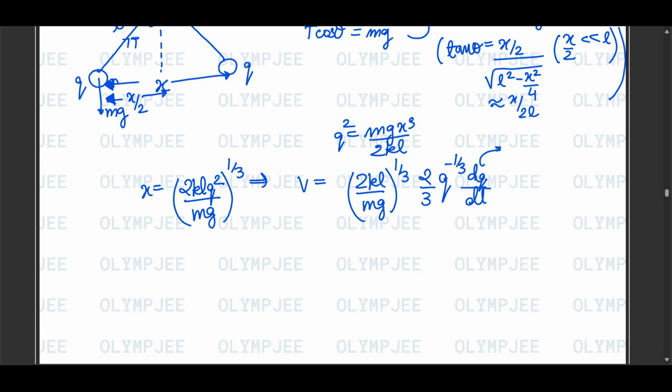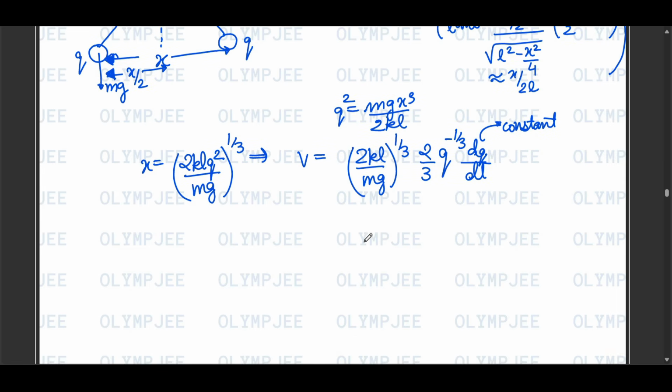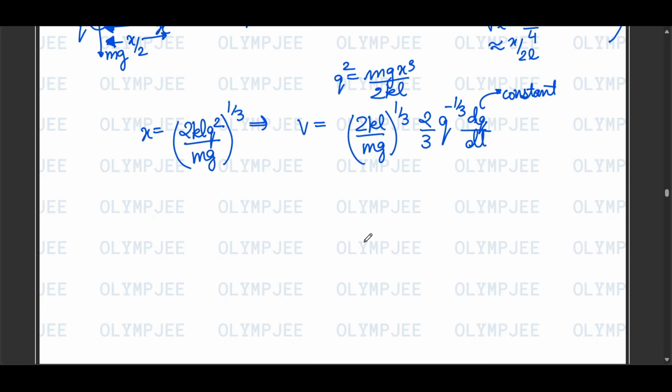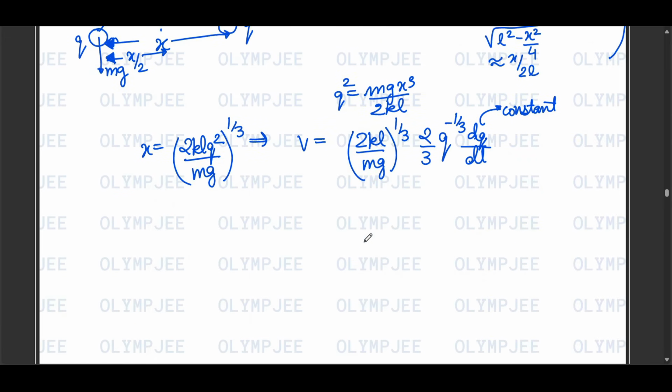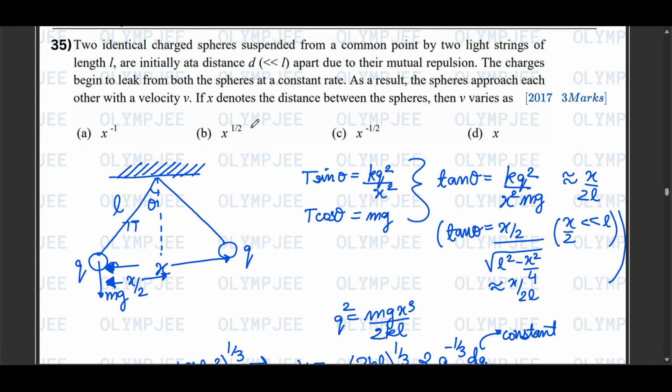So this is also constant, right? So from here we will get v is proportional to q raised to power minus 1 by 3, and we know that we have to relate x and v now.